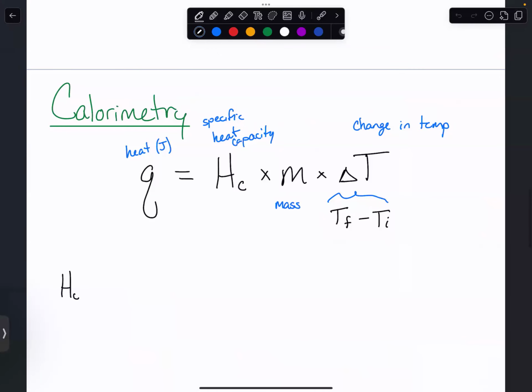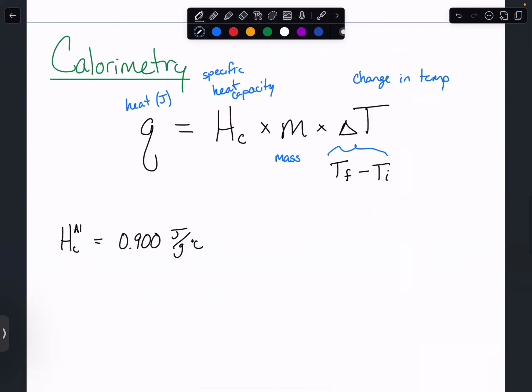I will tell you that the heat capacity of aluminum is 0.900 joules per gram degree Celsius. All right.